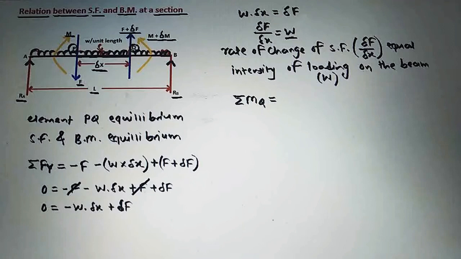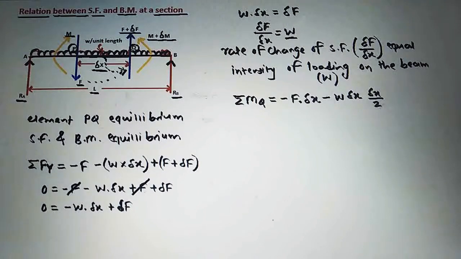Then we can write the moment of this force F, which is in anti-clockwise direction with respect to this point Q. So we can write it as minus of F into the perpendicular distance delta X. Then we will take the moment of this UDL, which will also be in anti-clockwise direction with respect to point Q. So we can write minus of W into delta X is the force, but we have to take the perpendicular distance of the UDL from the point Q, and that should be equal to delta X divided by 2.